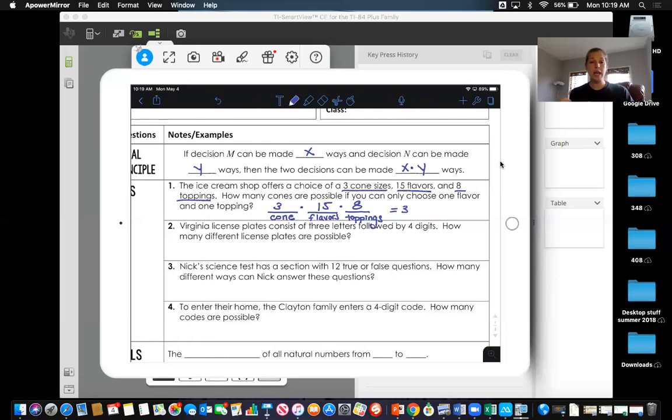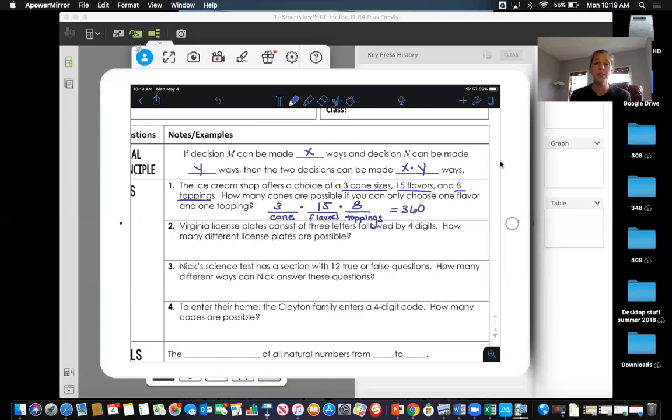If this were your ice cream shop, we could advertise and say, we have 360 different ice cream cones that we can create for you. If you chose 1 cone, 1 flavor, 1 topping, there would be 360 different ice cream cones that you could create.